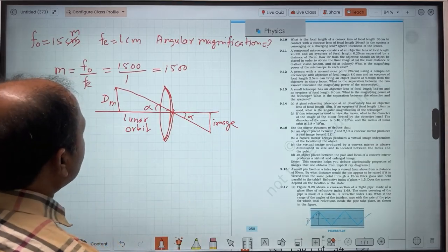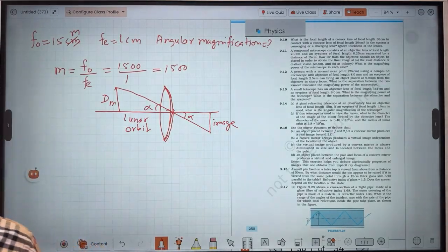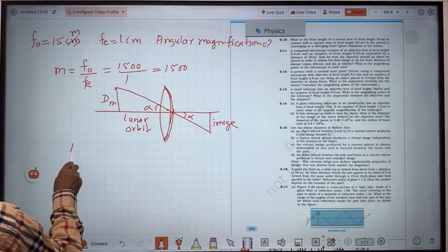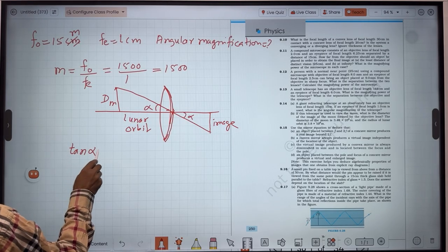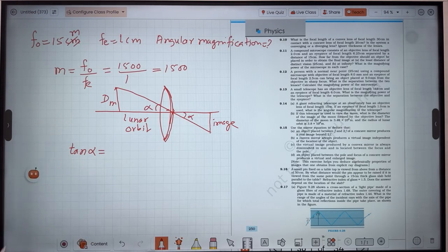Here these two triangles are similar, so ratio will be same. So we can find tan alpha. So what will be tan alpha? Tan alpha will be d moon divided by lunar orbit.